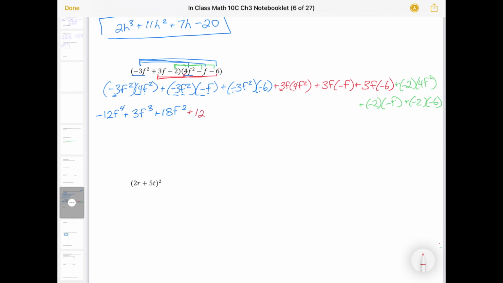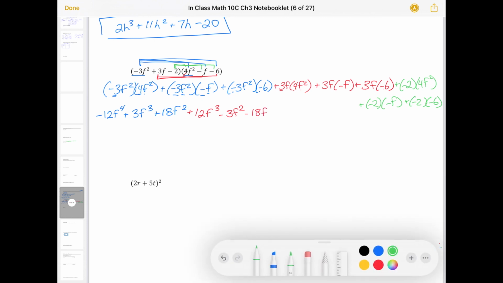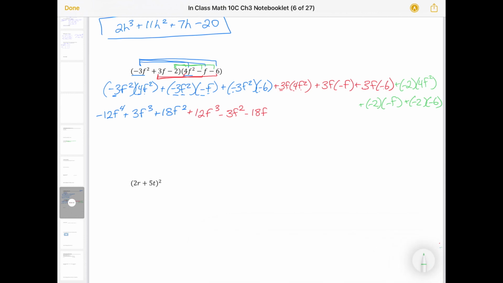F times f squared, f cubed. 3f times negative f is going to be a negative 3f squared. 3 times negative 6, that's going to be negative 18, and there's just one f there. Right, and negative 2 times 4f squared, well, that will be negative 8f squared plus 2f plus 12.